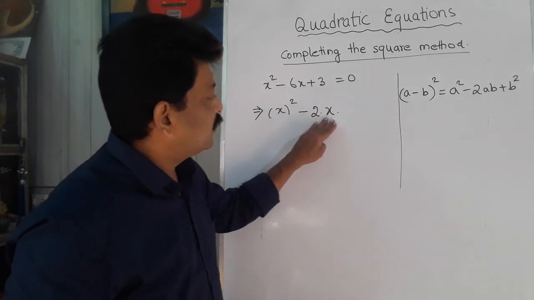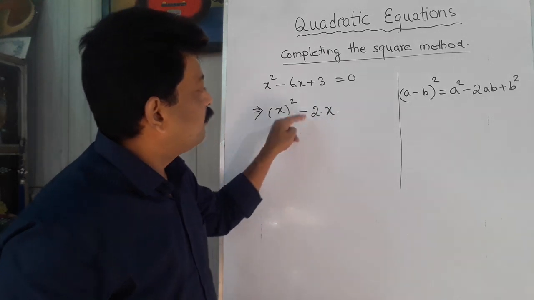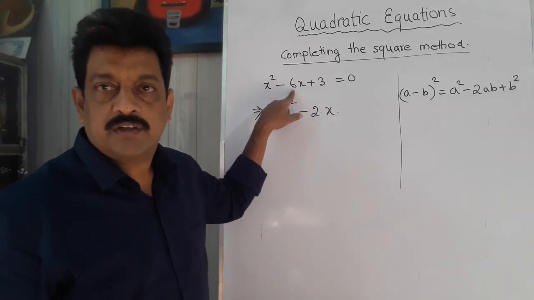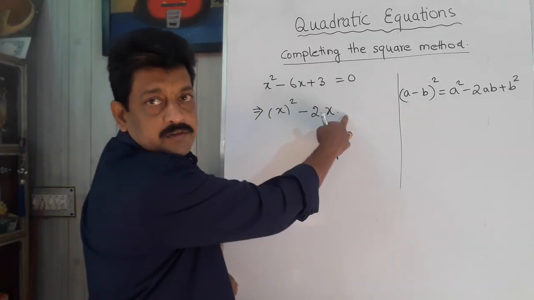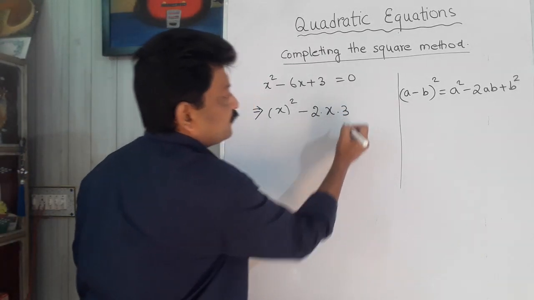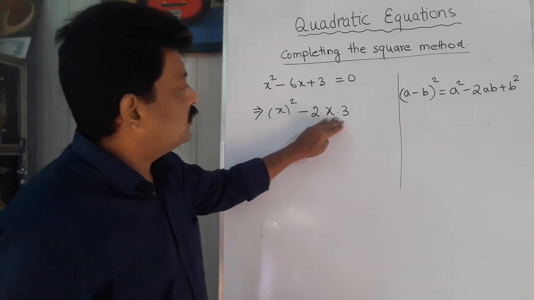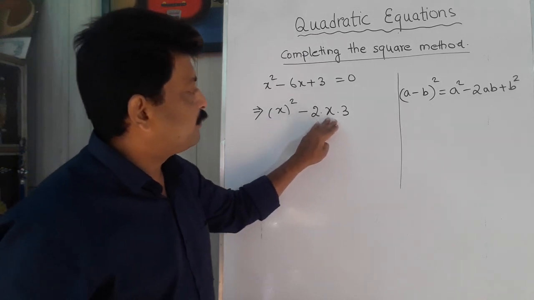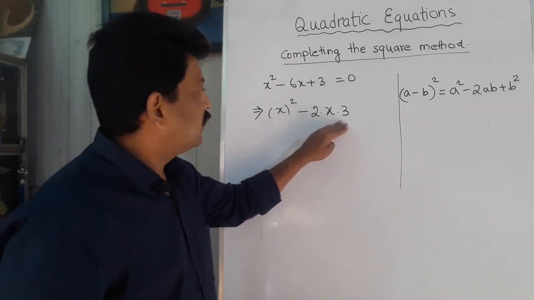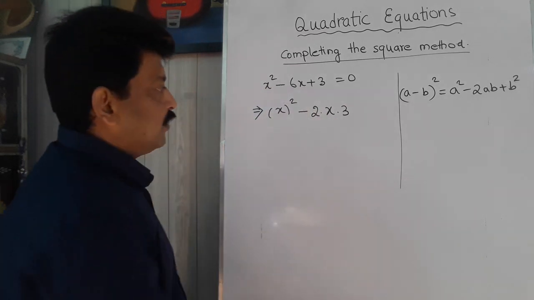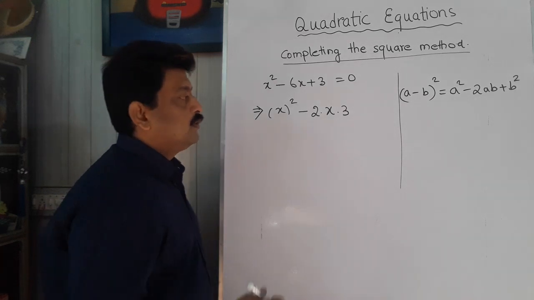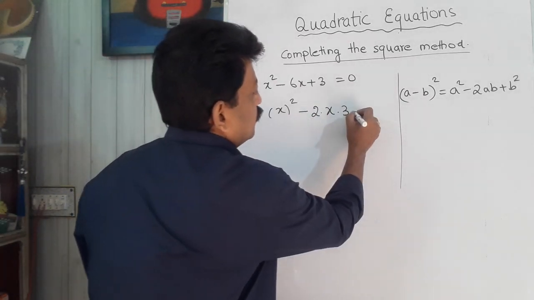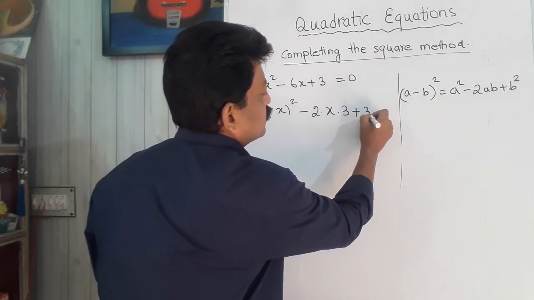That means after putting a value of b here, it will become minus 6x as it is there. Now think of a number. 2 threes are 6, so we can put 3 here. Then you can see that minus 2 multiplied with x into 3 gives minus 6x. So this 3 is b. So write here b square.